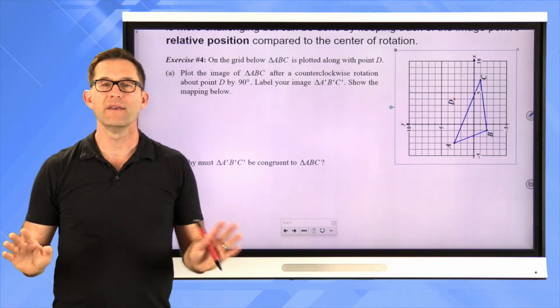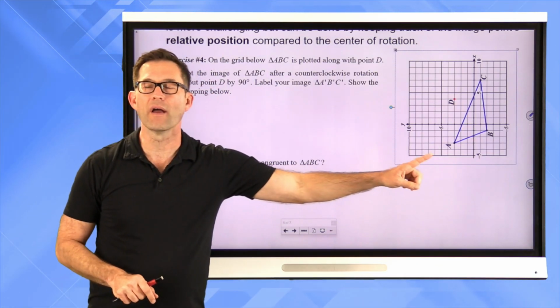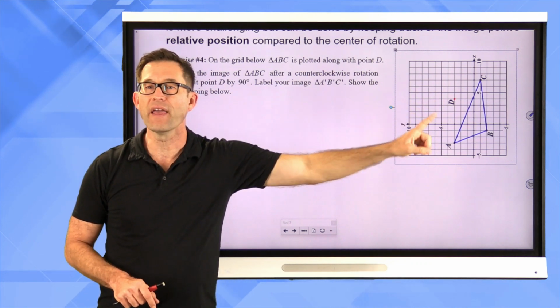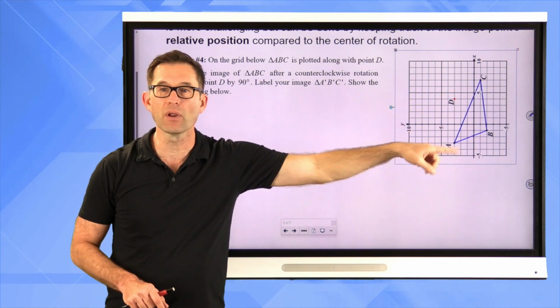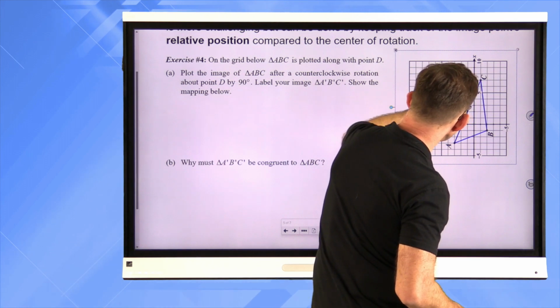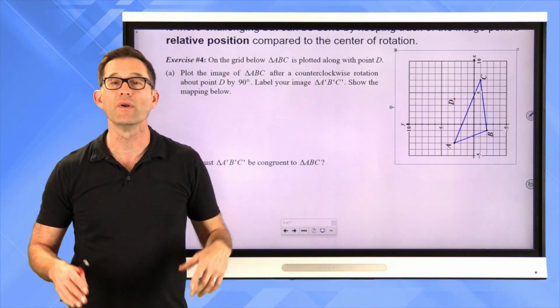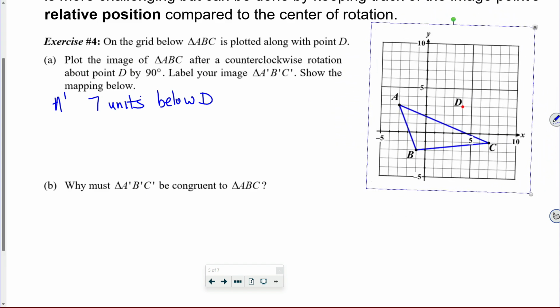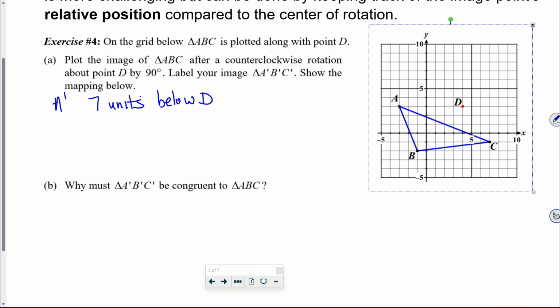All right. Now, I want to think about where A's image point is compared to D. Right now, A's image point is going to be directly below D, and it's going to be literally 1, 2, 3, 4, 5, 6, 7 units below D. So A prime is 7 units below D. So I rotate back, and where would 7 units below D be? 1, 2, 3, 4, 5, 6, 7.